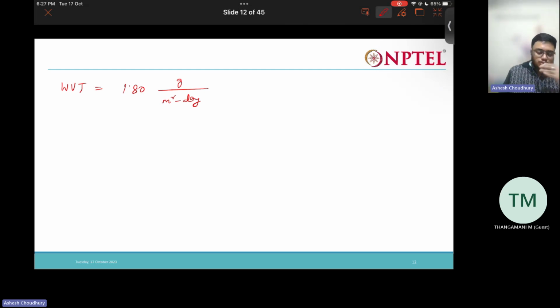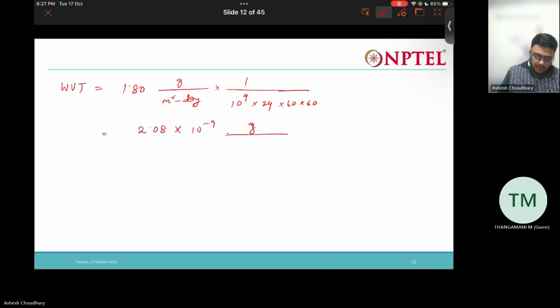To convert meter square to cm square, we multiply by 10 to the power 4. Then 24 into 60 into 60 changes days to seconds. If we do this, we get 2.08 into 10 to the power minus 9 gram per centimeter square per second.